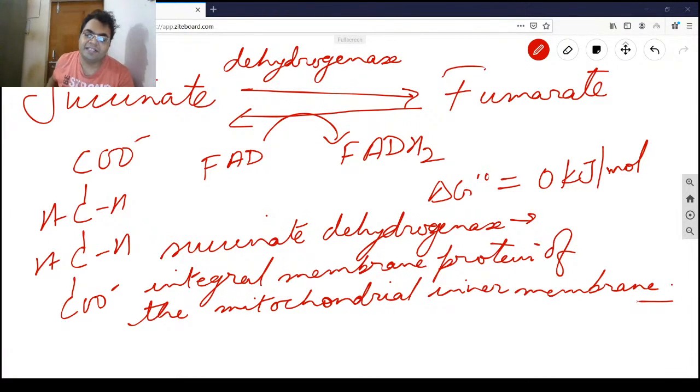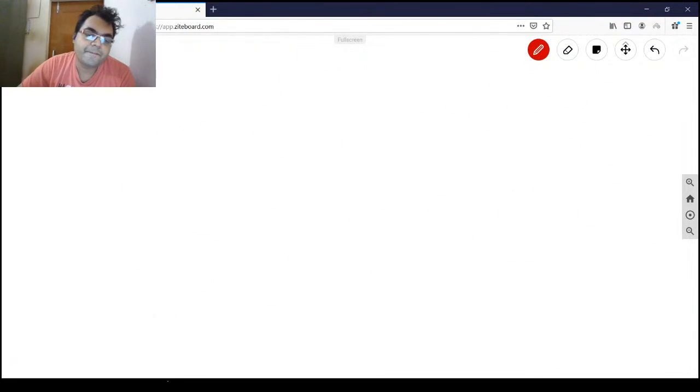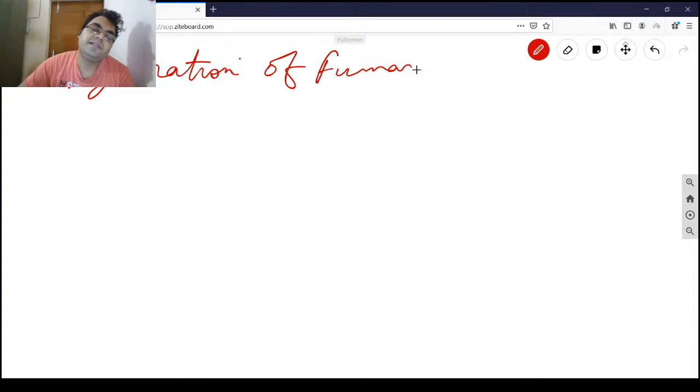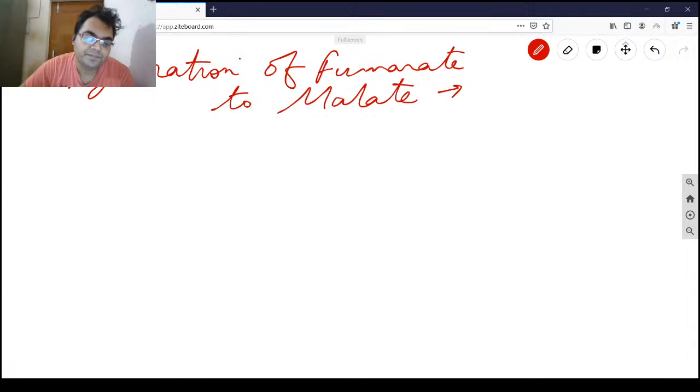Next step is, in this cycle, we will convert fumarate to malate via hydration. So hydration of fumarate to malate. Next step. Fumarate to malate. What happens is, now we have fumarate.